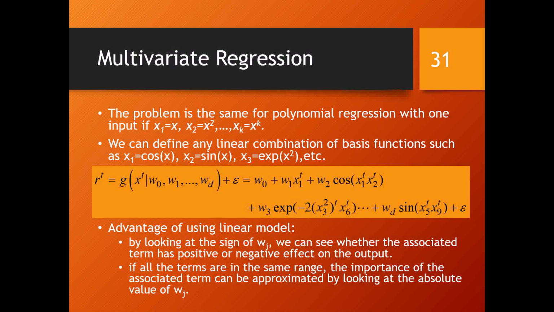z1t is probably x1t, but z2t here is equal to cosine, z3t here is, I'm sorry, I neglect some form, so I don't use x5 or I don't use x6, 7, 8.